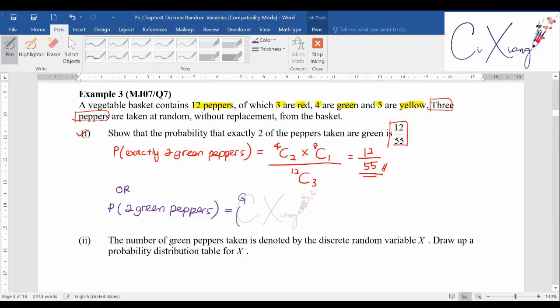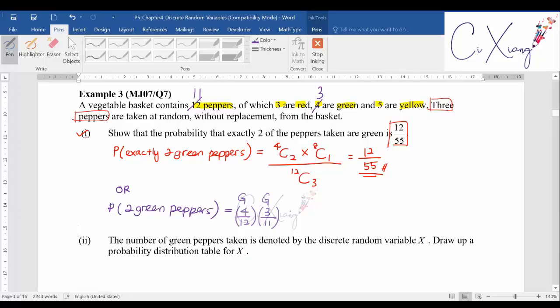If the first one is a green, it will be 4 over 12, because you're having 12 peppers in total and 4 green peppers. After you take out 1 green pepper, 3 are left and the total becomes 11. So for the next one, if you still get a green pepper, the probability becomes 3 over 11.